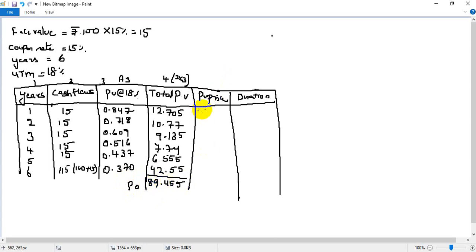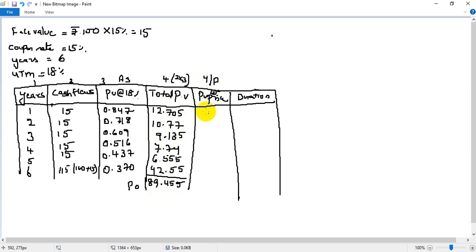Now for the PV price column, which is the fifth column, you have to divide the fourth column by P0, that means individual divided by total. So 12.705 divided by 89.455, then 10.77 divided by 89.455, and so on.